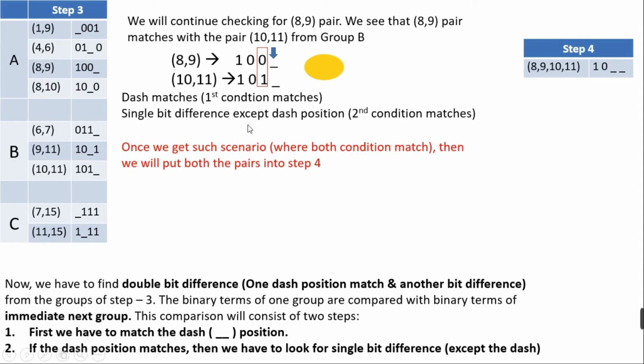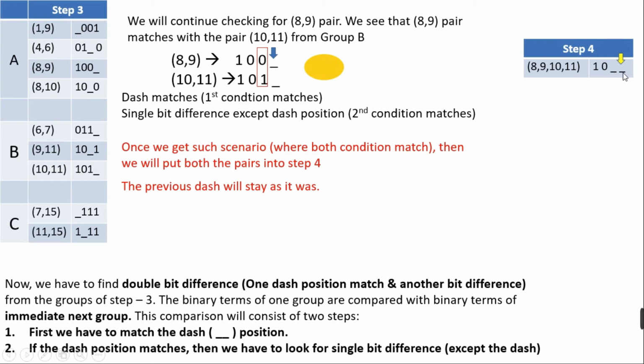Once we get such a scenario, we're going to put those pairs into step 4. Here we have put both of those pairs into step 4, and we'll write them together, 8 9 10 11, and we have written something over there. Let's see how we did it. The previous dash will stay as it was. The dash which was already there at the 4th position will stay as it is.